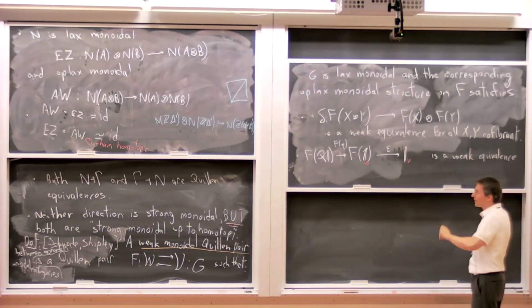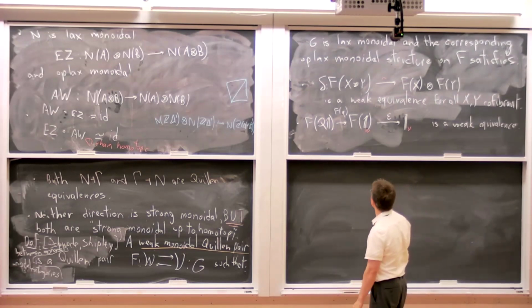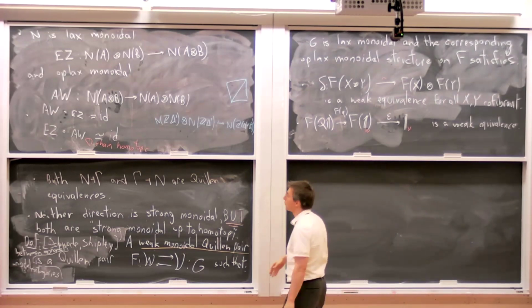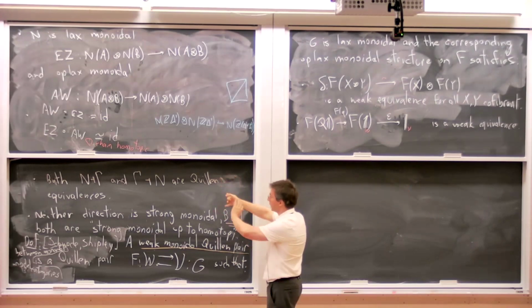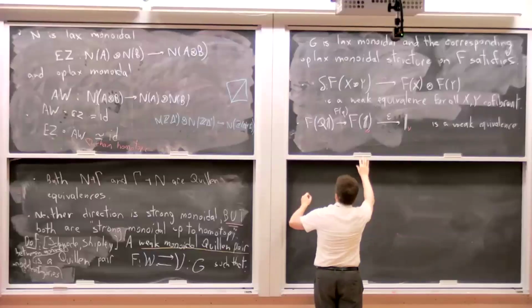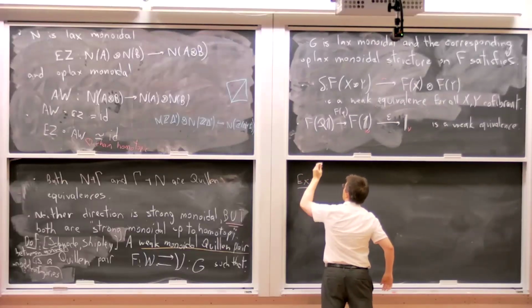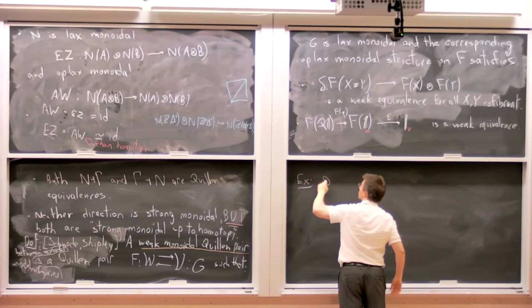Okay, so we've weakened the conditions of being strong monoidal to a homotopical condition instead. And the main example is Dold-Kan, again in either direction. So the motivational example is, well, Dold-Kan.